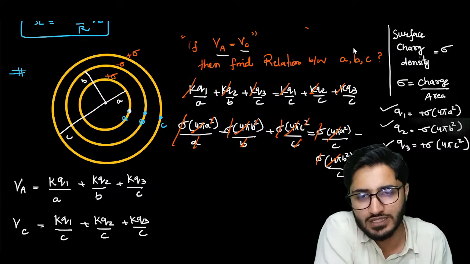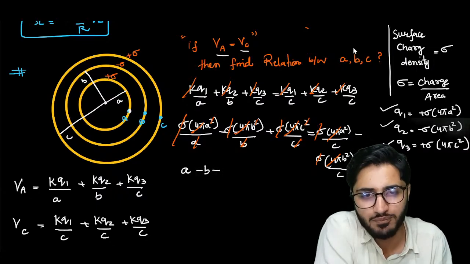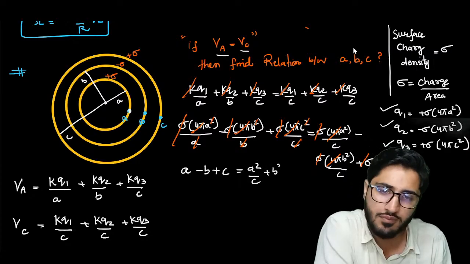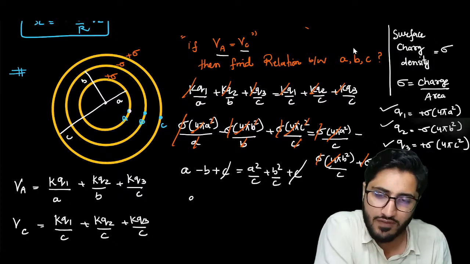So A minus B plus C equals A square by C minus B square by C plus C. C cancels out, so A minus B equals A square minus B square by C.